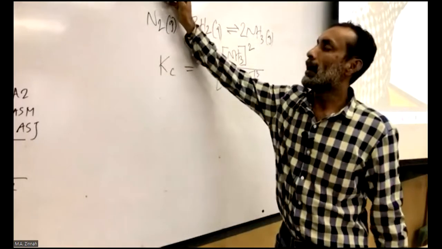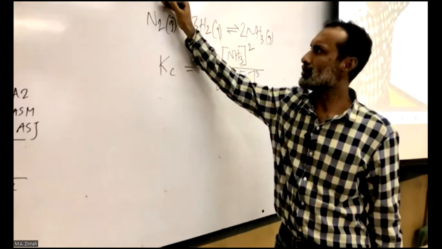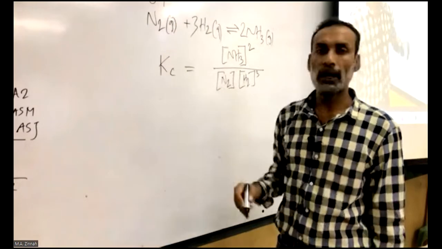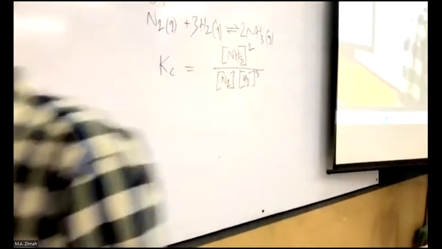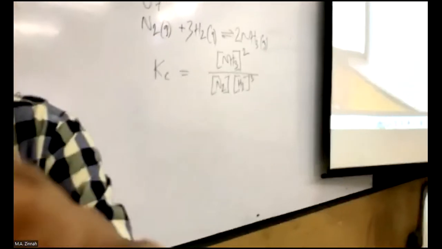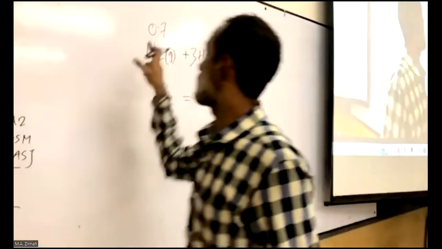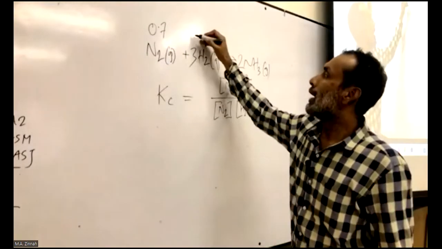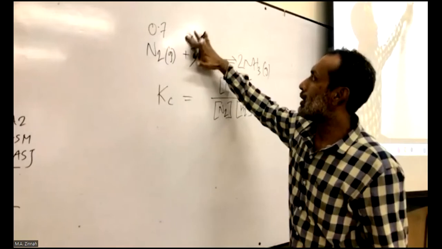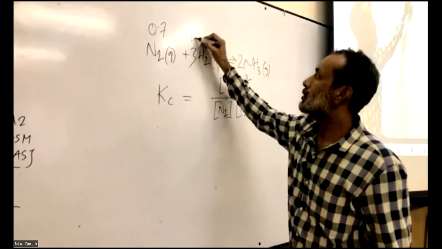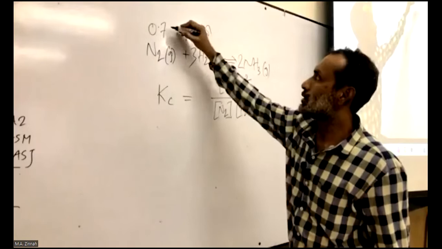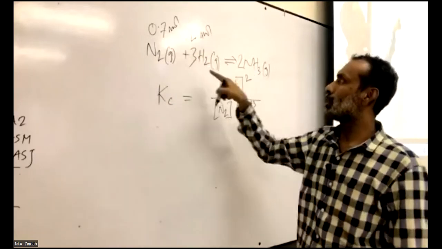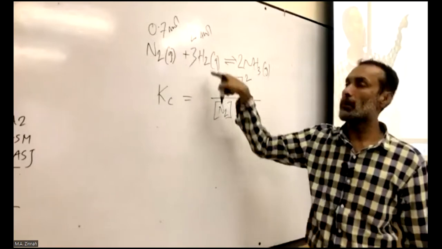Maybe here I write 0.7 mole. Suppose there is 0.7 mole of nitrogen, and here maybe 2 mole of hydrogen. So 0.7 mole of nitrogen and 2 mole of hydrogen.